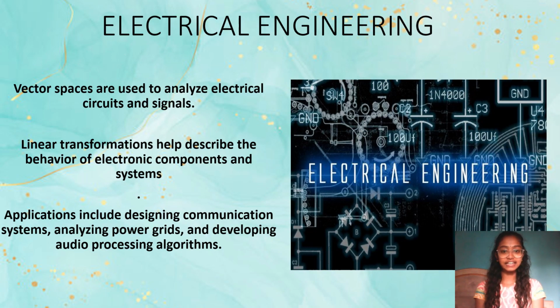And the next is electrical engineering. Vector spaces are used to analyze electrical signals and circuits. Linear transformations help to describe the behavior of electronic components and systems. Applications include designing communication systems, analyzing power grids, and developing audio processing algorithms.